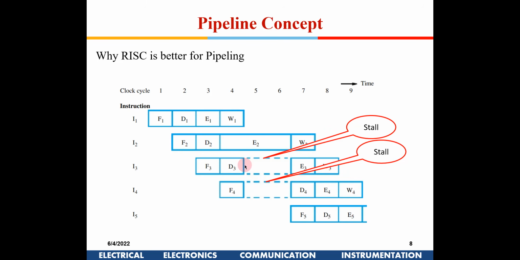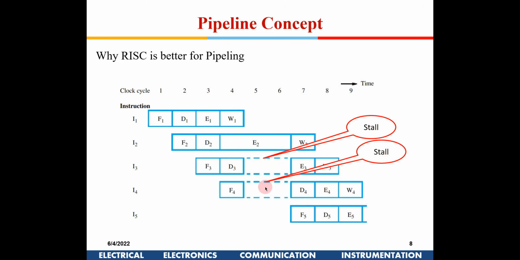Now you will have a spiraling effect. Even the next instruction, F4, cannot be pushed in, because the decode block is not clear, since D3 is held there. So you have to wait for this execution cycle to complete, and these kinds of interruptions in the pipelining are known as stalling, the stalling of the pipelining.